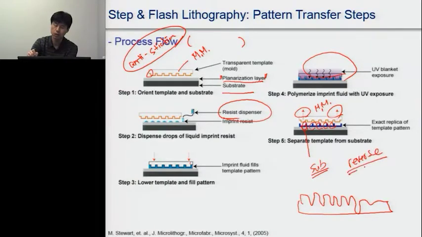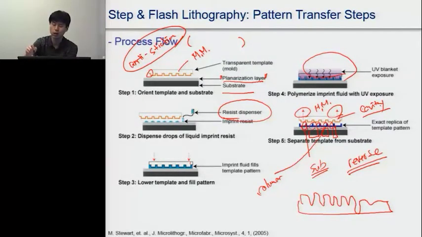In other words, the cavity area in the master mold becomes a columnar structure on the substrate. If we want to transfer the cavity structures to this substrate, there are two options.